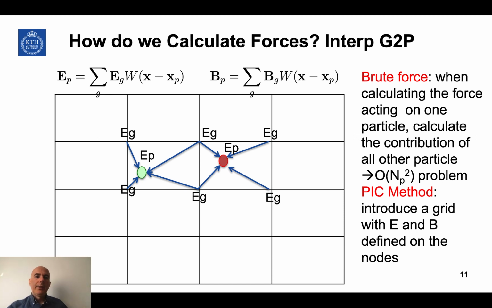That's the way we calculate the electric field, and also the magnetic field at the particle position. So in the particle in cell method, all the electric field and magnetic field are defined only on the nodes, so we need a way to move from the nodes to the particle position.